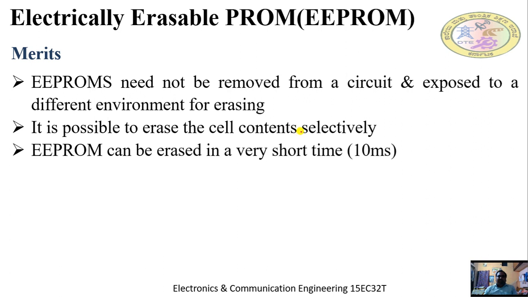EEPROMs can be erased within a short span of time, approximately around 10 milliseconds. Whereas EPROMs need around 15 to 20 minutes for the erasing operation, here they need only 10 milliseconds. So the content can be erased very fast.